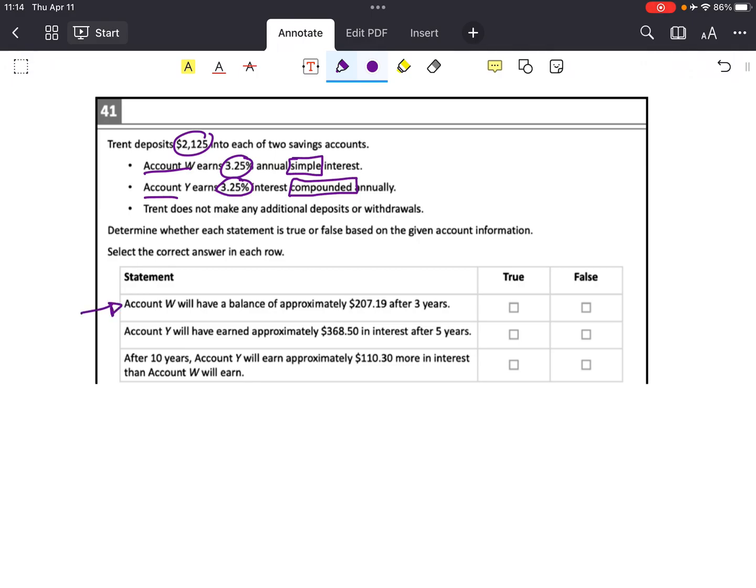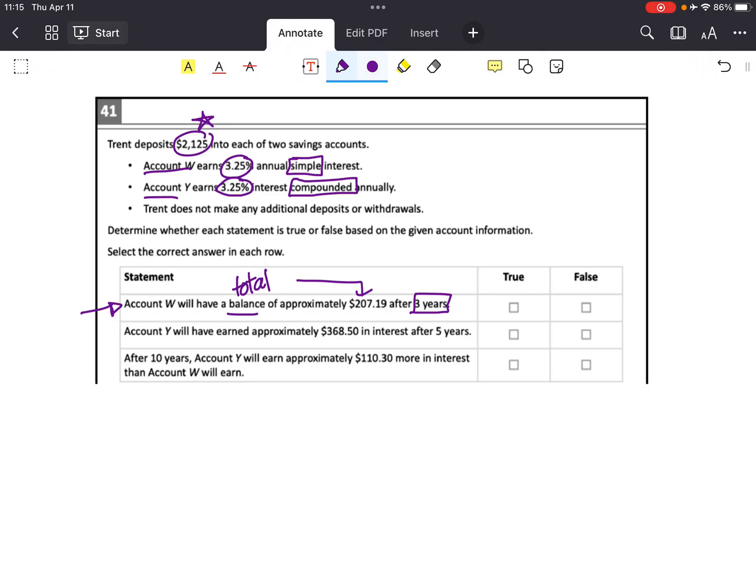So let's look at the first statement. It says account W will have a balance of approximately $207 after 3 years. So this is where I'm given a time. It also says the word balance. Balance tells me total. So using logic here, I know that total means everything. If I start with $2,125, does it make sense that the total will end up being $207?